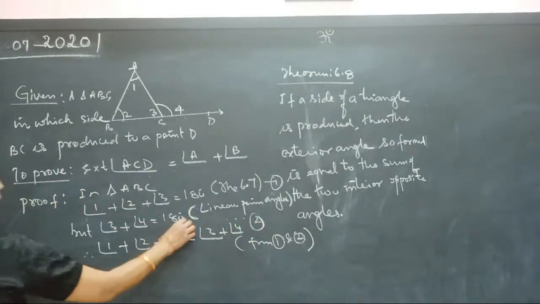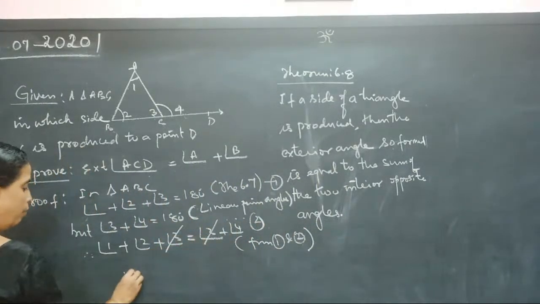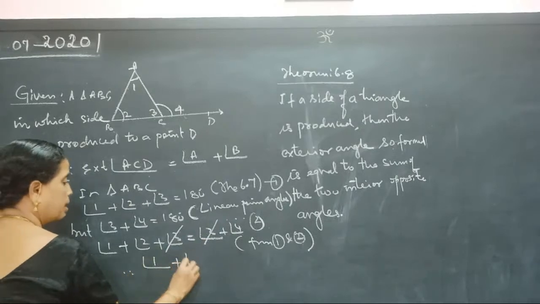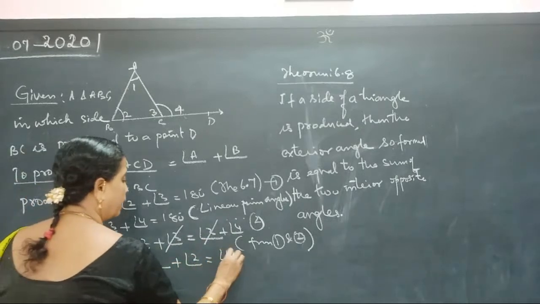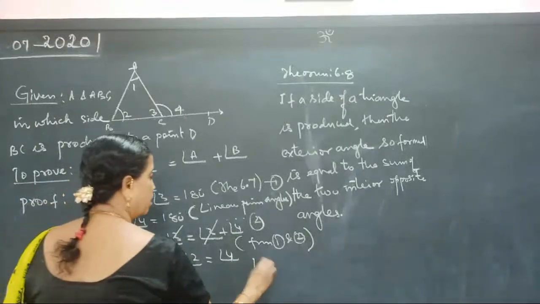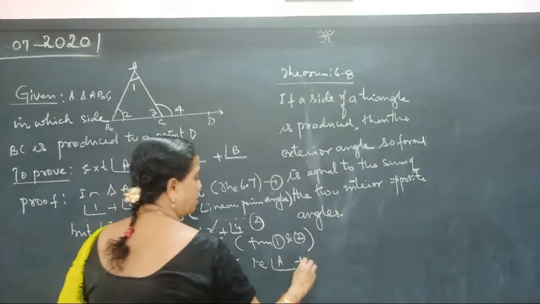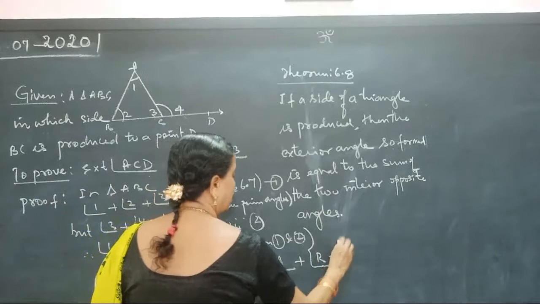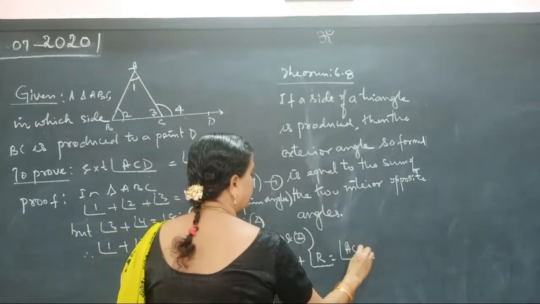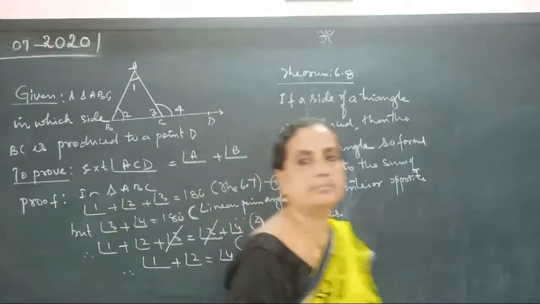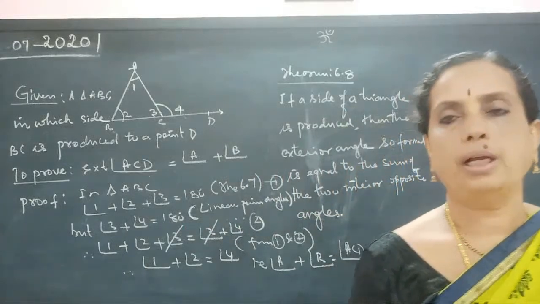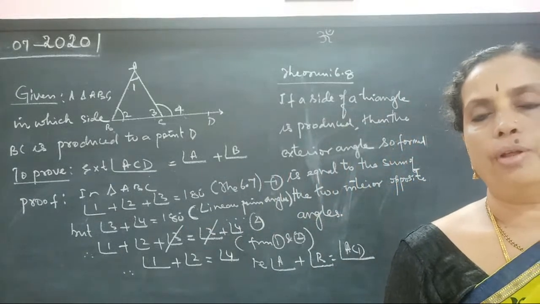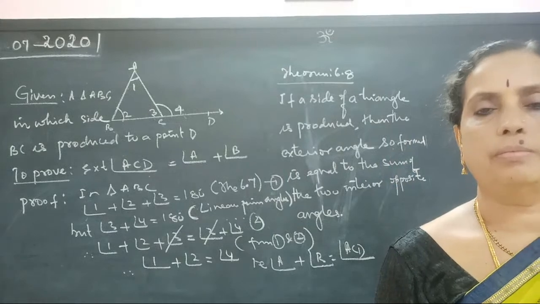Which is the common angle? 3. Therefore, angle 1 plus angle 2 equals angle 4. That is, angle A plus angle B equals angle ACB. Hence, proved. At the end, conclude your answer.